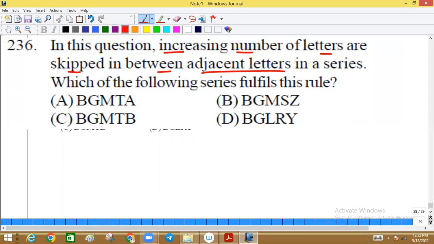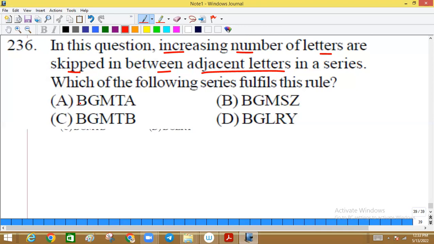He is asking that question. Which option? B. See here.